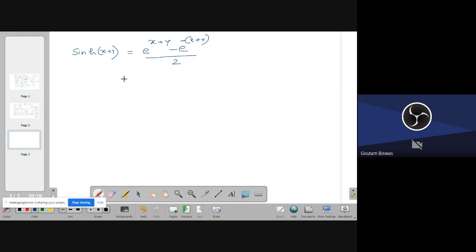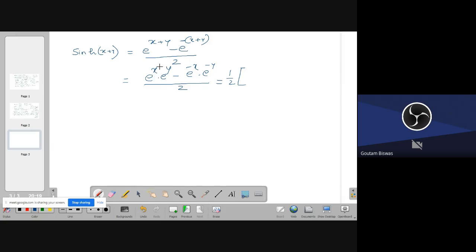Okay, so you can write it in this form: e to the power x into e to the power y minus e to the power minus x into e to the power minus y, divided by 2, and that is nothing but half. You can convert it, you do it.